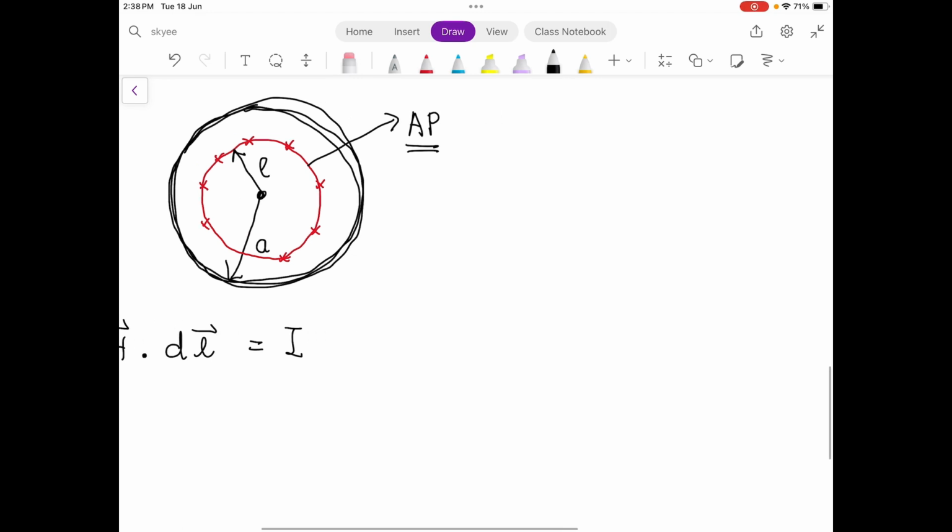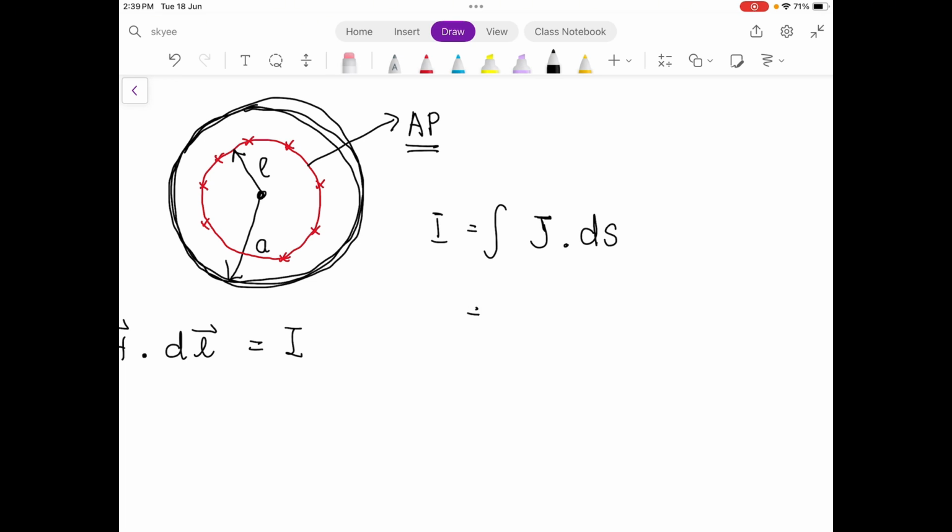To find it, we recall the relationship between the current and the current density J: I equals the integral of J dot ds.